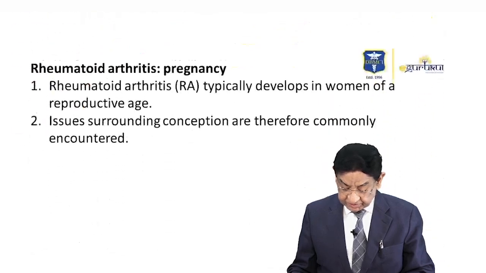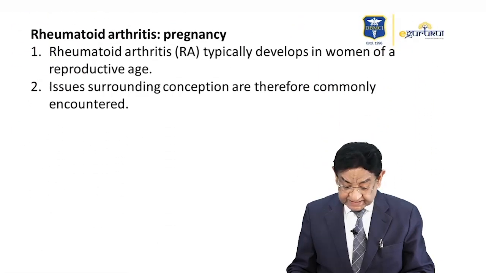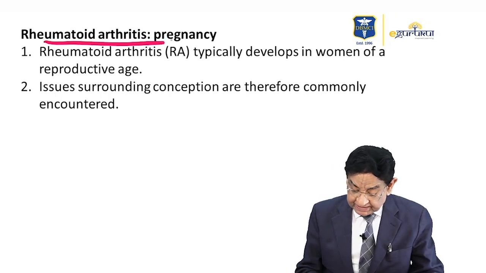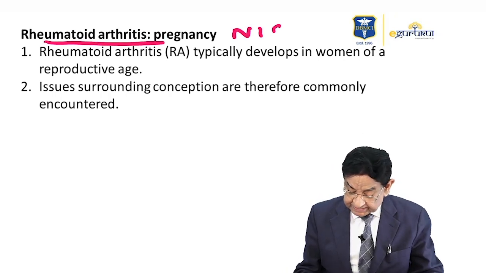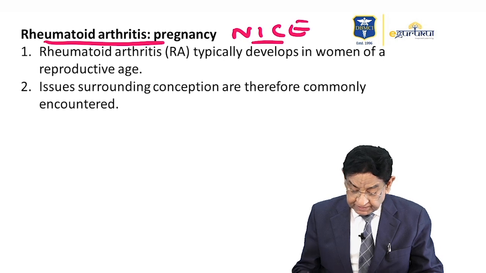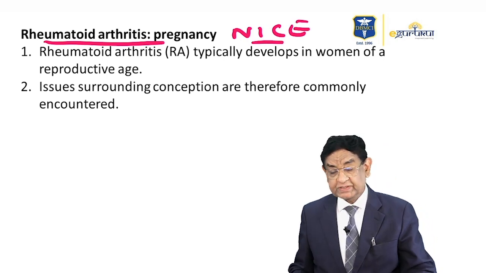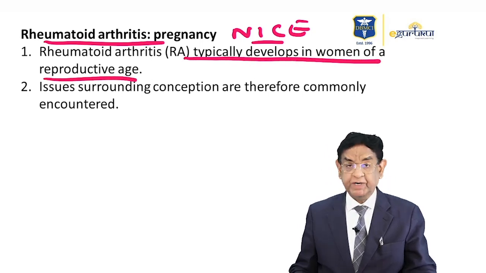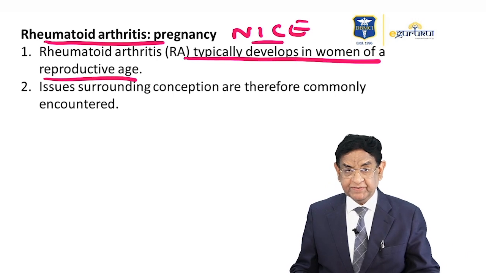So let's look into this. What do the NICE guidelines say? RA in pregnancy, NICE guidelines. RA typically develops in a lady in the reproductive age group, 25, 30, 35 years.